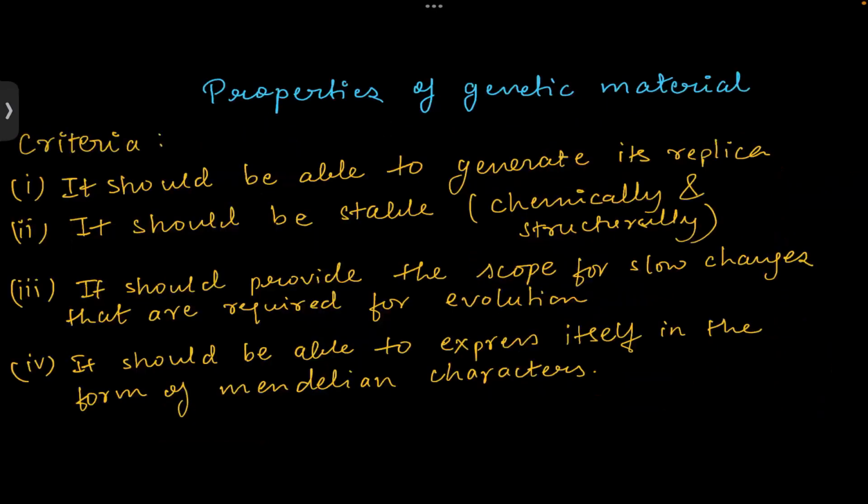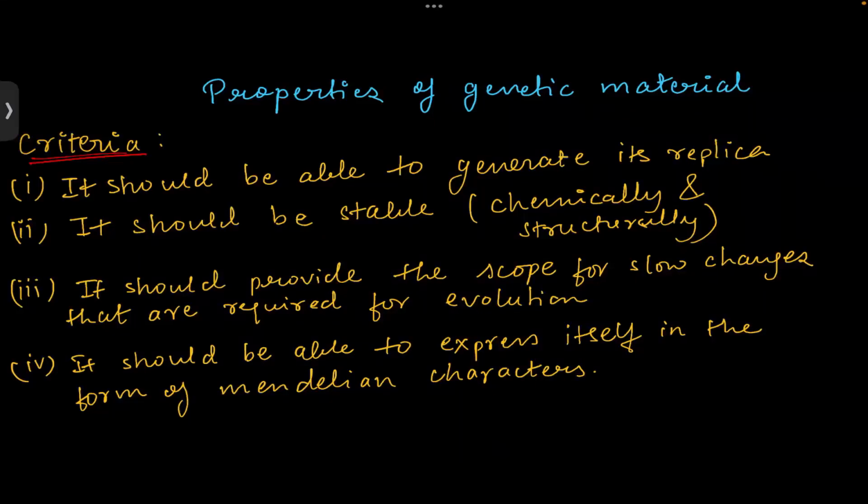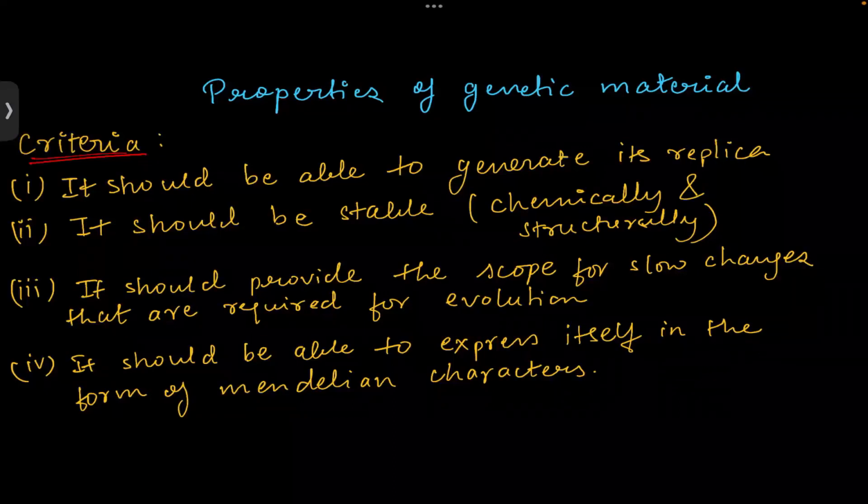Now let's talk about what the properties of a genetic material should be, or what criteria a biomolecule, that is DNA or RNA, a nucleic acid, should have which makes it a genetic material. If that nucleic acid, DNA or RNA, fulfills these four criteria, then we can say yes, it can act as a genetic material. All right.